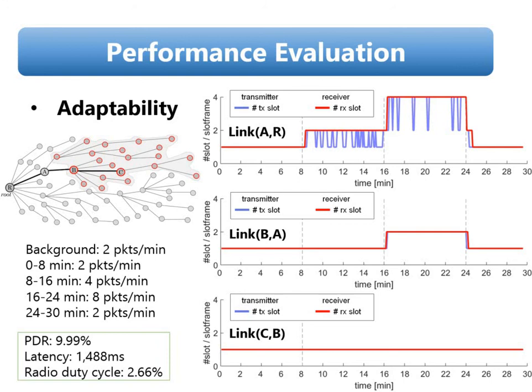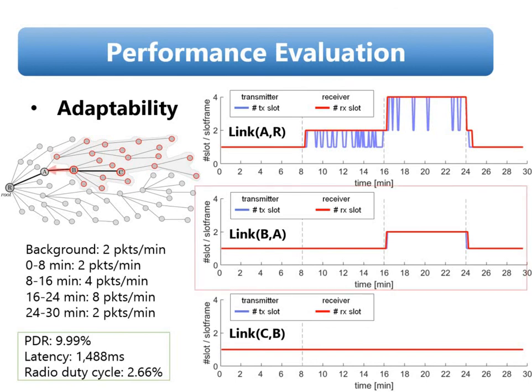In this experiment, we fixed the topology to observe the number of slots over time with A-Cube. Here, 61 nodes generate 2 packets per minute to and from the root node. The special 21 nodes marked with red circles generate packets with different traffic load over time. They change the traffic load as described in the red box. The first graph shows the number of slots for the link AR.